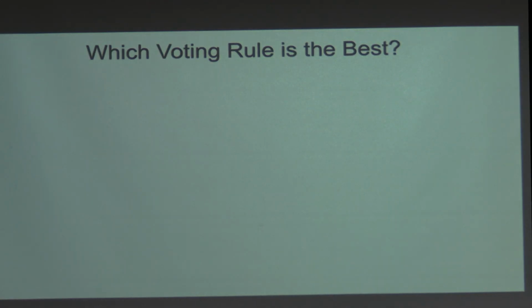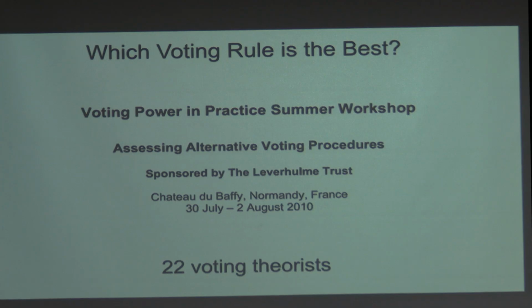Alright, so here's a question that has been haunting us from the beginning: which voting rule is the best? We have seen a whole basket of rules. This question was put to experts in the area. In 2010, there was a workshop on social choice, and they asked, you guys know a thing or two about voting, so tell us which.